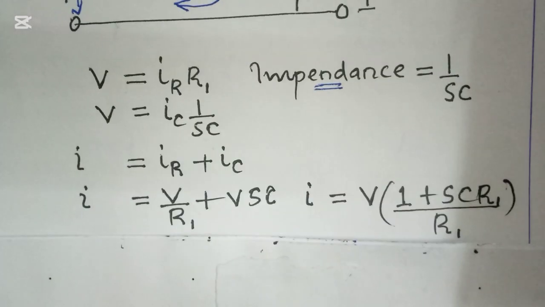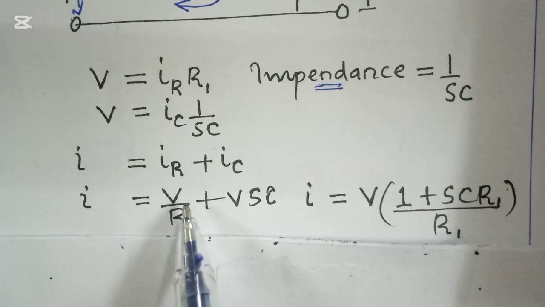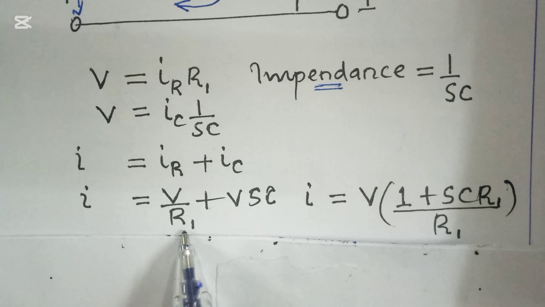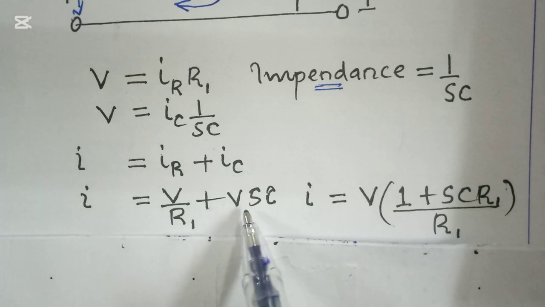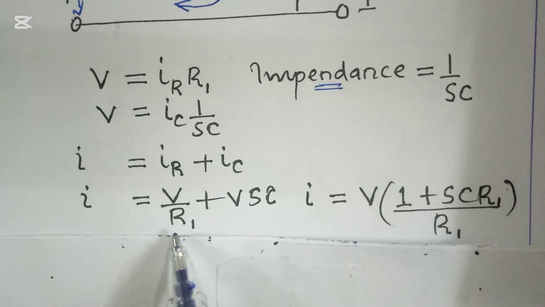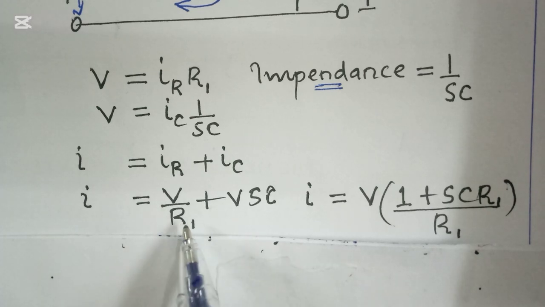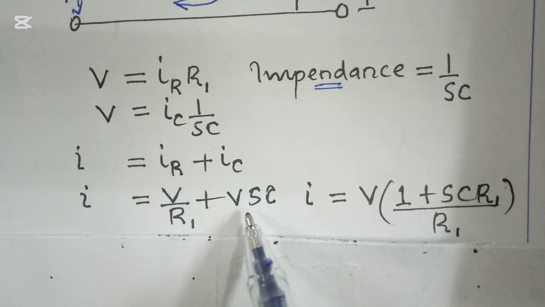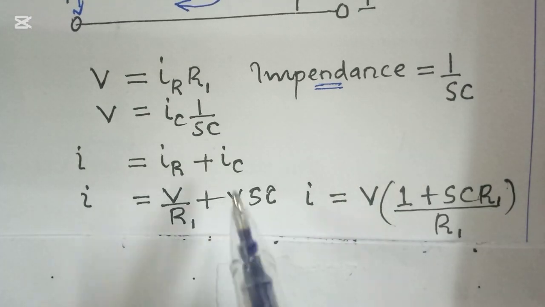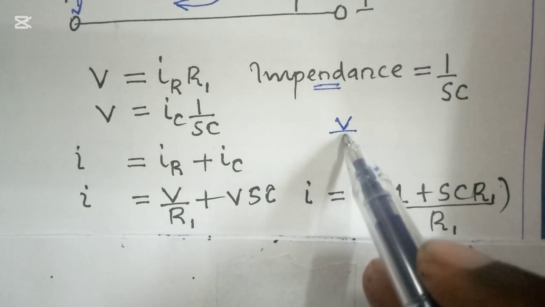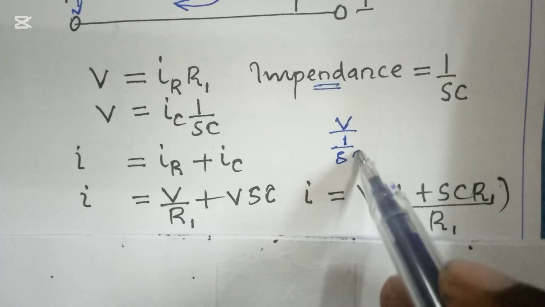For the resistance, the impedance remains the same. Then for the voltage, V over R1 gives us the current across R1, and then V over the capacitor's impedance is the same as writing V over 1 over SC.